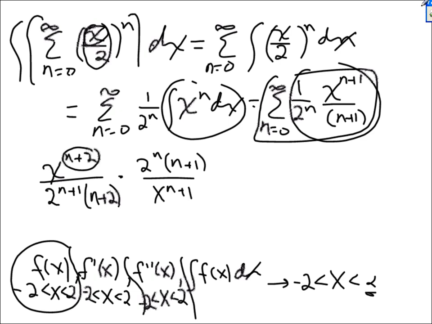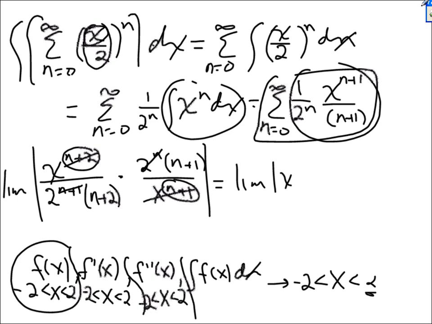Well, since this power is 1 more than that power, and the bases are the same, then this goes in here x times. Same argument why that 2 to the n goes into 2 to the n plus 1 2 times. So I want the limit of this: the limit of the absolute value of x right there times the absolute value of n plus 1 over n plus 2.